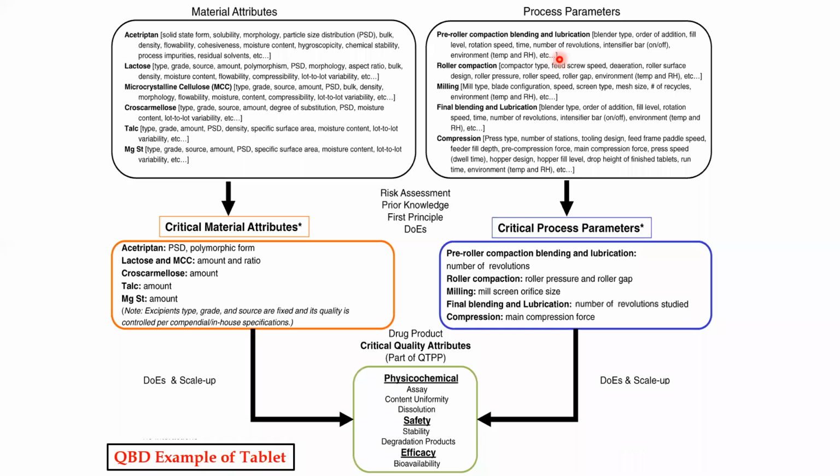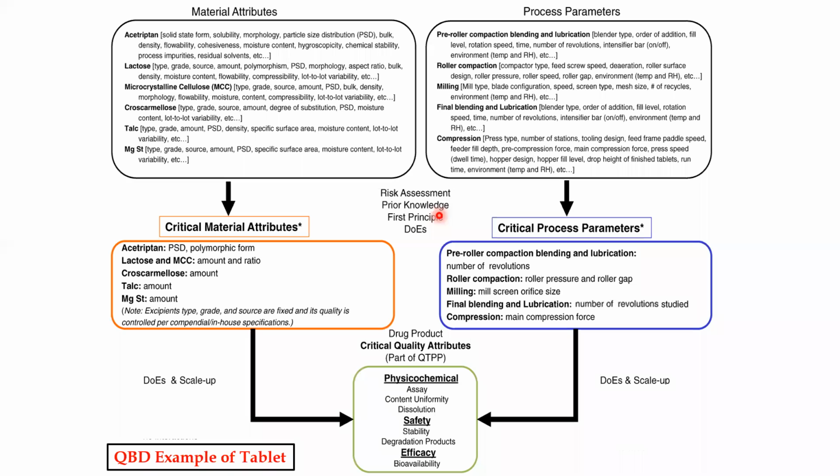For process parameters, what did we do initially, what is the criteria we have? Just a minute, I move this. If you could recall, material attributes for acetyltryptophan: solid state form is there, solubility is there, morphology is there, particle size, bulk density, true density, everything is there. Like lactose also, there are so many properties, material attributes, crystallinity and so on. But based upon the risk, that is nothing but critical material attributes.